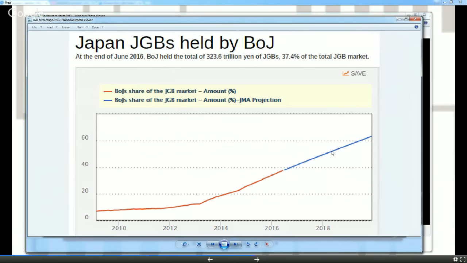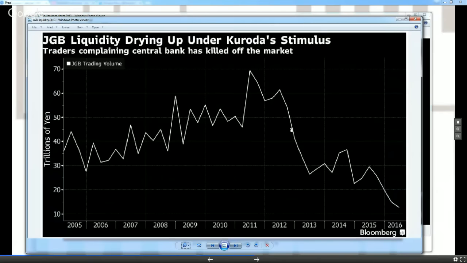So the Bank of Japan is steadily increasing its share of the JGB market, and therefore the liquidity in JGBs is steadily falling. So it would suggest that the markets are really becoming a bit stymied by the Bank of Japan and its policy of buying JGBs. And you'd suggest that perhaps the efficacy in terms of the markets is not all that great.